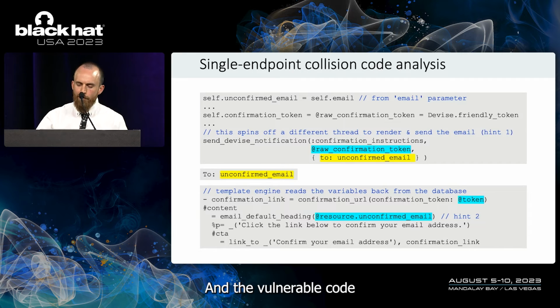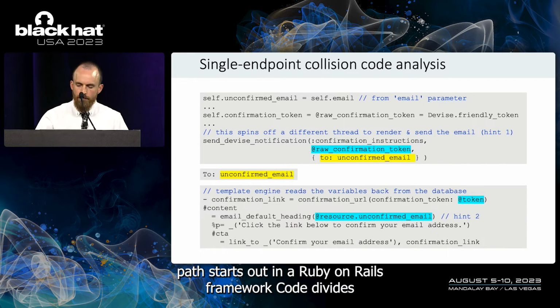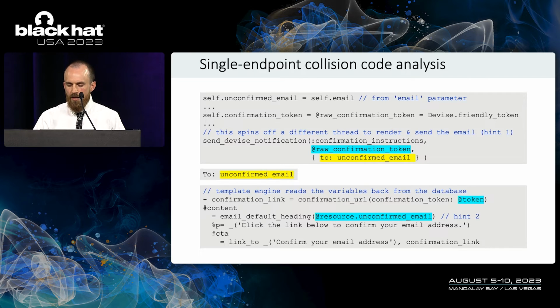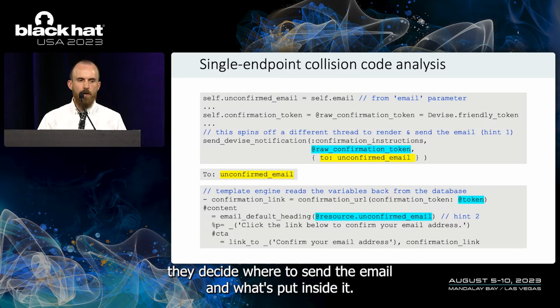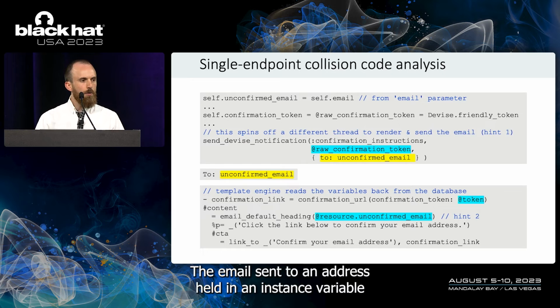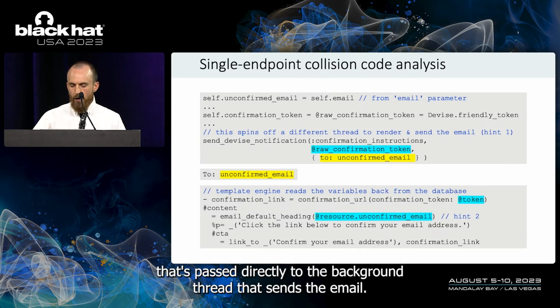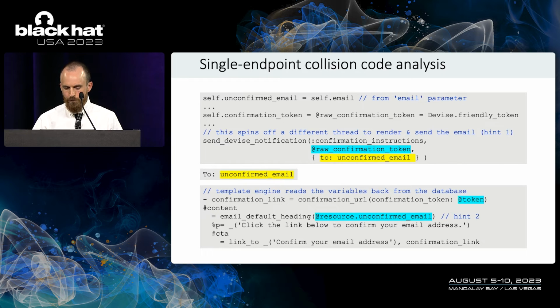The vulnerable code path starts out in a Ruby on Rails framework called Devise. And the root problem is an inconsistency between how they decide where to send the email and what to put inside it. The email is sent to an address held in an instance variable that's passed directly to the background thread that sends the email.